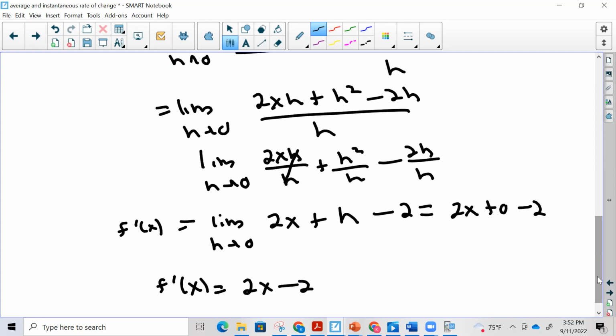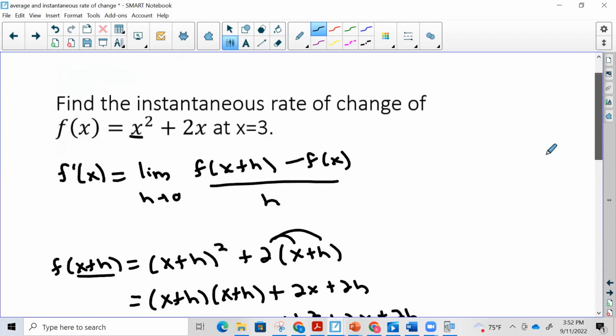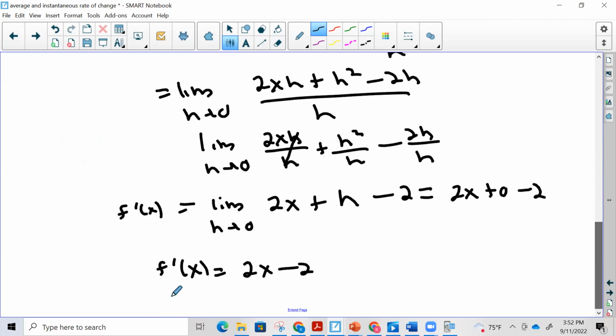So that's my derivative. We want to find this at x equals 3. So once I have my derivative, I can plug in 3. And that will give me the instantaneous rate of change at x equals 3. So 2 times 3 is 6. 6 minus 2 is 4.